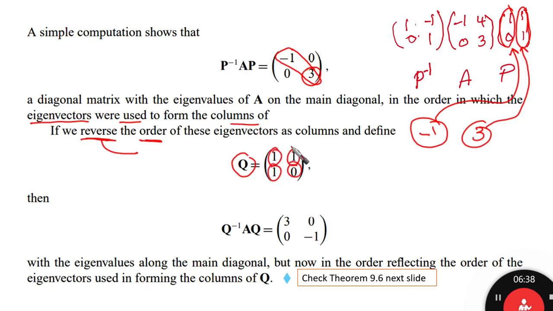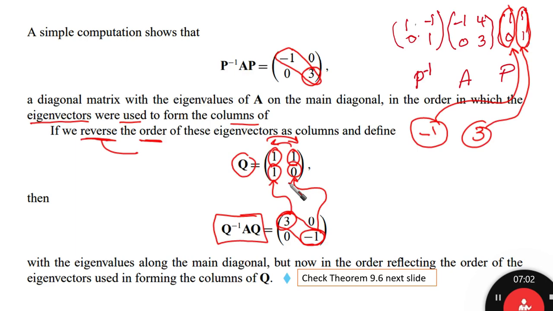So we flipped the eigenvectors. Then if you make the multiplication Q inverse A Q, it will give you exactly the flipped eigenvalues. So we're going to have 3, -1. The 3 corresponds to this eigenvector, and this -1 corresponds to this eigenvector.